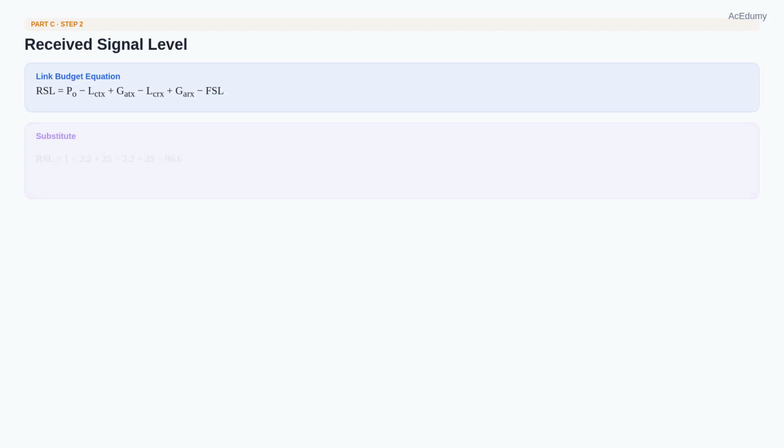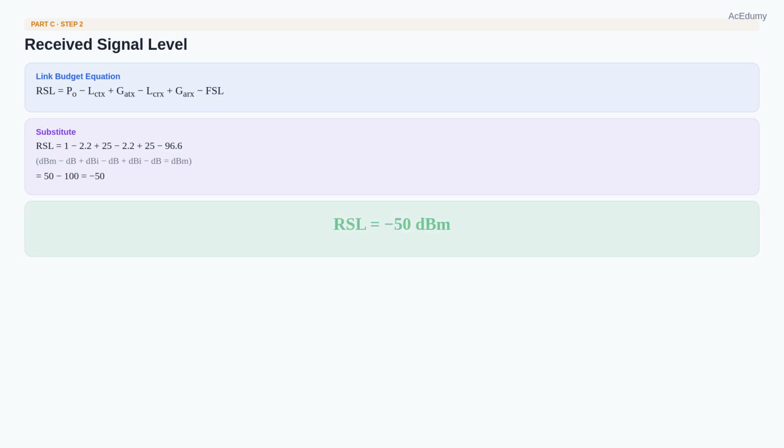Part C, Step 2. Compute the received signal level. The link budget equation is RSL equals PO minus the transmit cable loss plus the transmit antenna gain minus the receive cable loss plus the receive antenna gain minus FSL. Plug in our numbers.